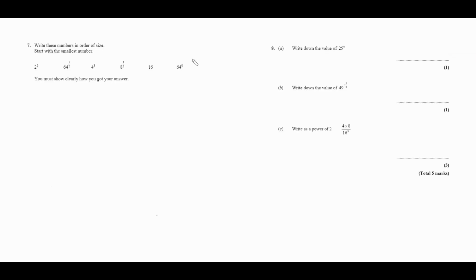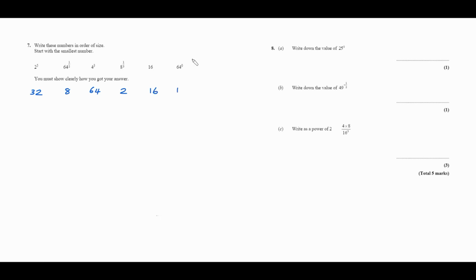Question number 7. Write these numbers in order of size, starting with the smallest one. So 2 to the power 5 is roughly 32. 64 to the power half is 8. 4 to the power 3 is 64. 8 to the power 1/3 is 2. 16, and 64 to the power 0 is 1.